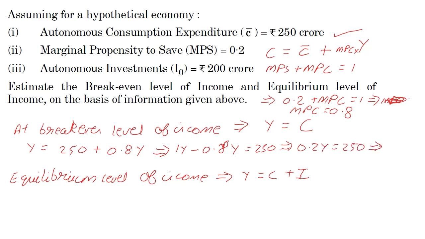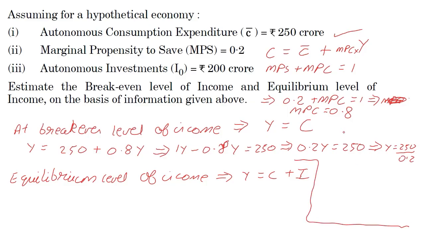Then 0.2 over here is multiplication, goes down, it becomes division, and we end up with Y is equal to 250 upon 0.2.